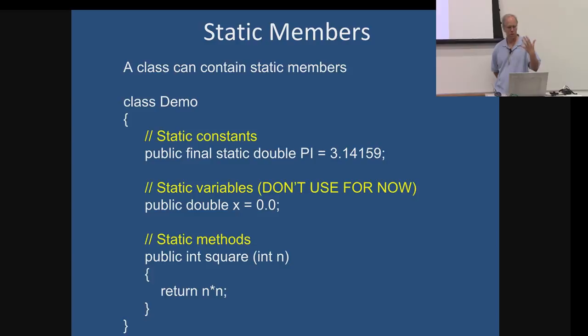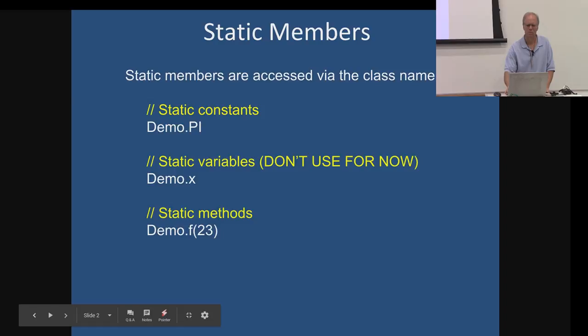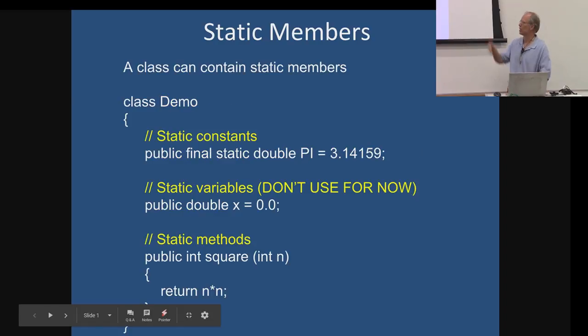Let me explain what a static variable is. Just as you can refer to demo.pi, and that's a constant, and you can refer to demo.f, and that's a method, you can refer to demo.x, and that's a variable. Now, where would that variable be visible? Assuming I declared it correctly and actually said public static double x.